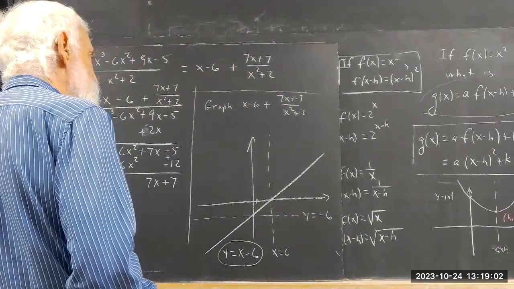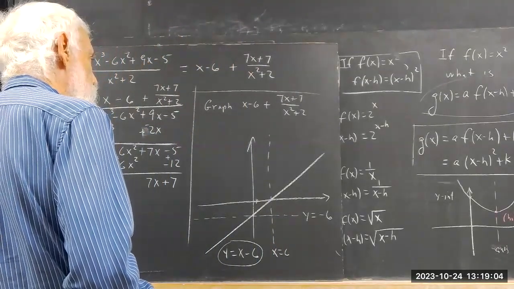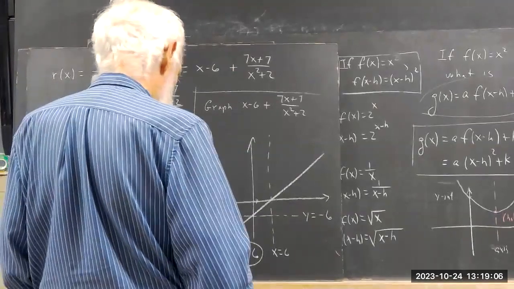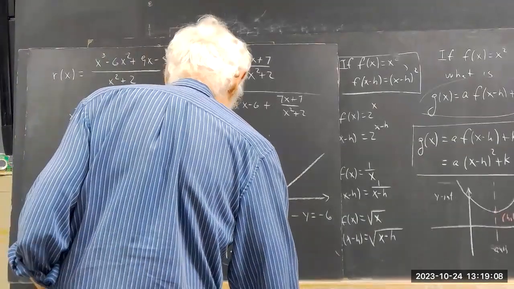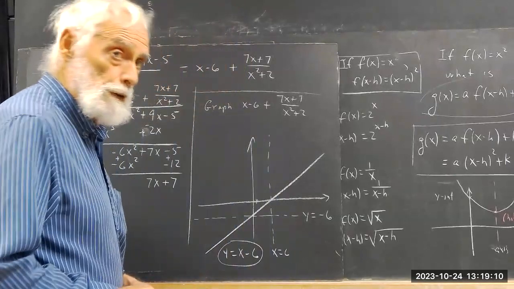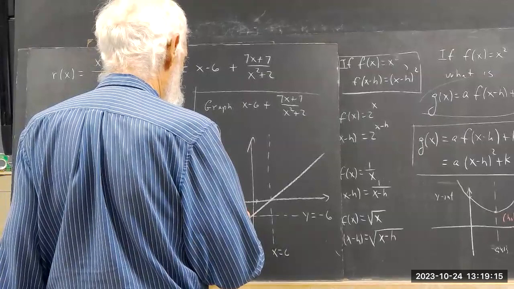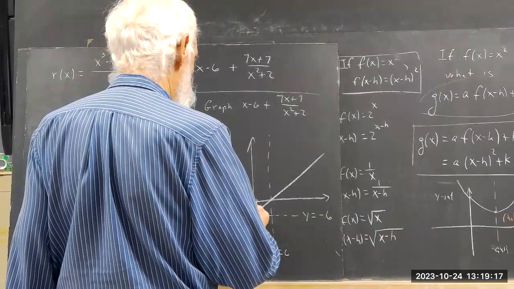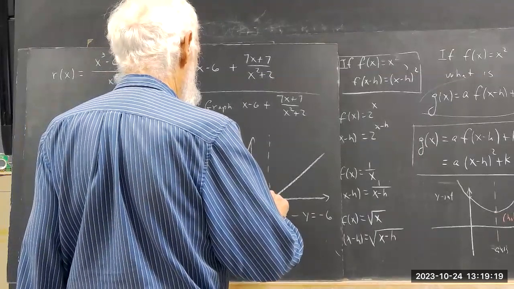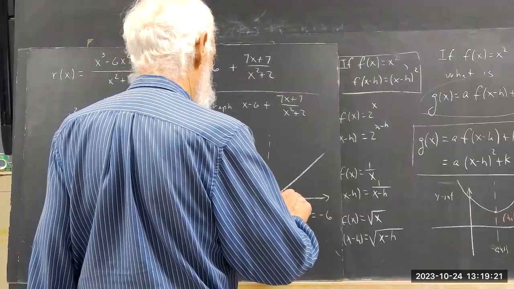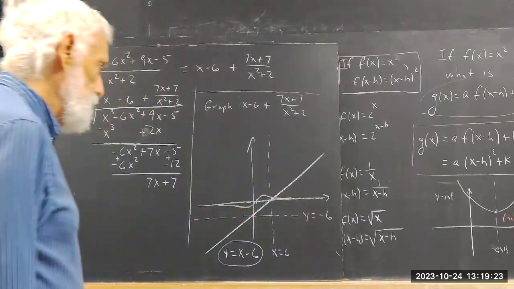So it's going to have a graph that kind of looks like this. And you don't have to worry about why. I'm just telling you what I think it looks like. I think it looks like something that has an asymptote at the x-axis. Comes down a little bit, comes up a little bit, and then comes back with an asymptote here.